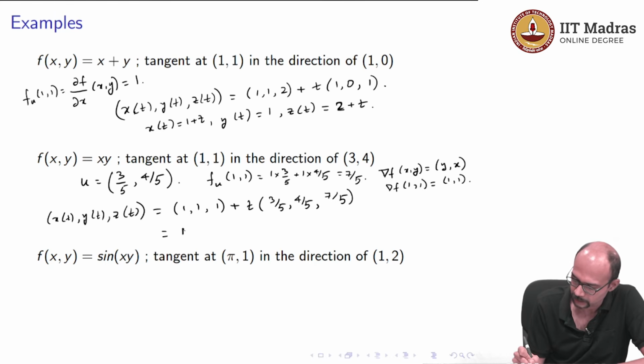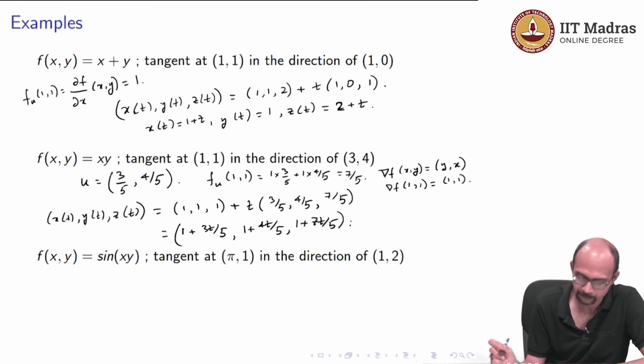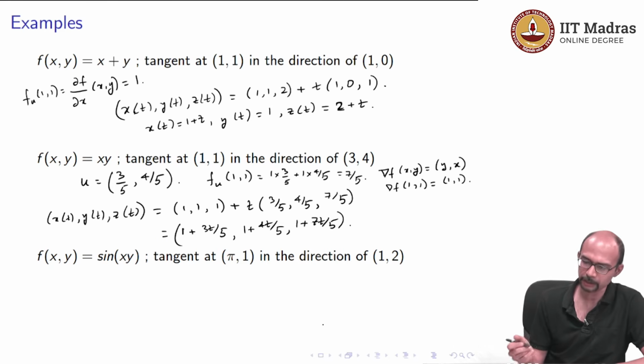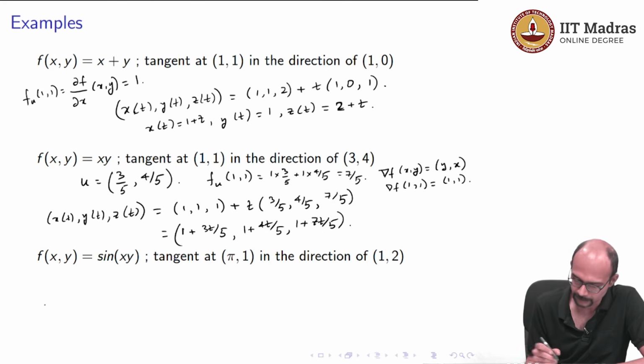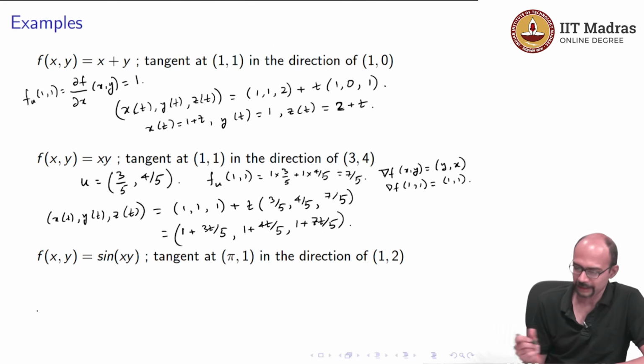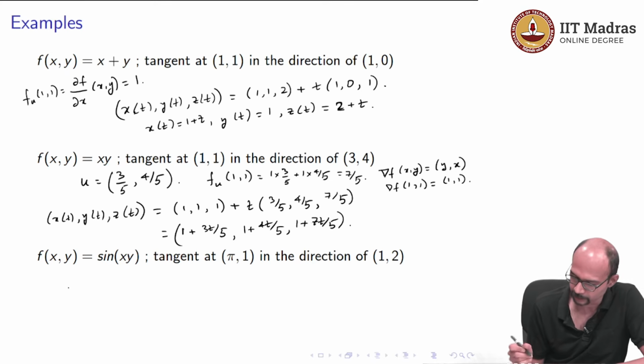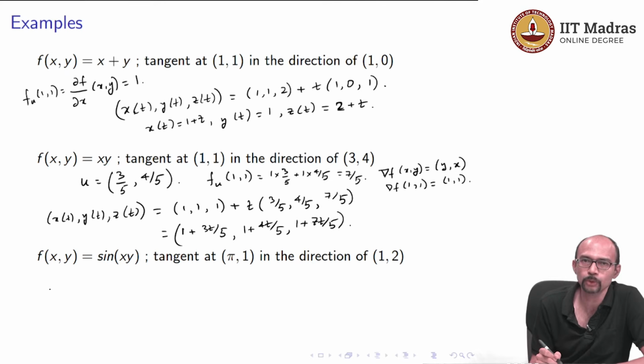So, which gives us 1 plus 3 t by 5 comma 1 plus 4 t by 5 comma 1 plus 7 t by 5, and from here you can get the parametric form. Okay. So, I hope you can see it is not at all difficult to compute these once we know how to do directional derivatives.